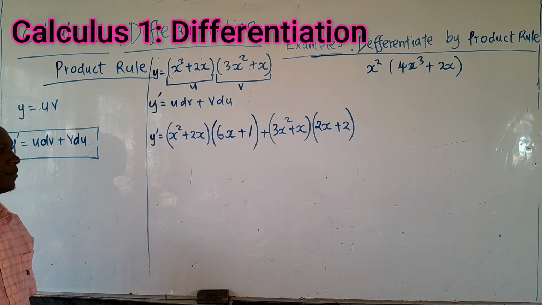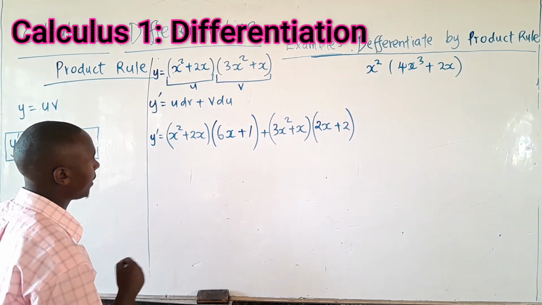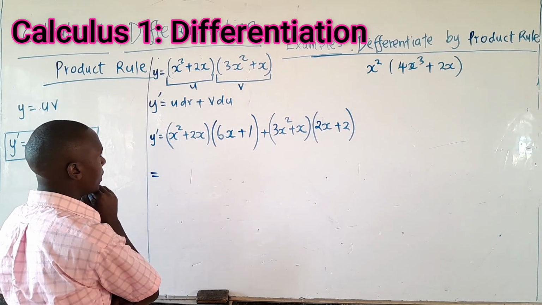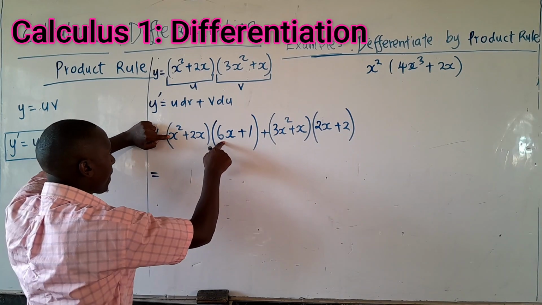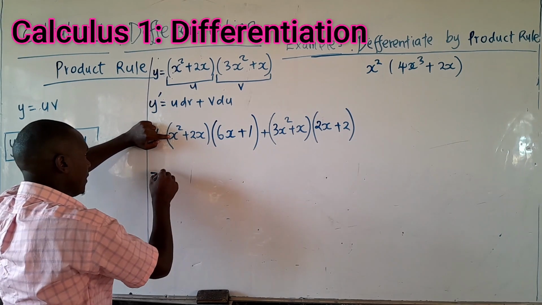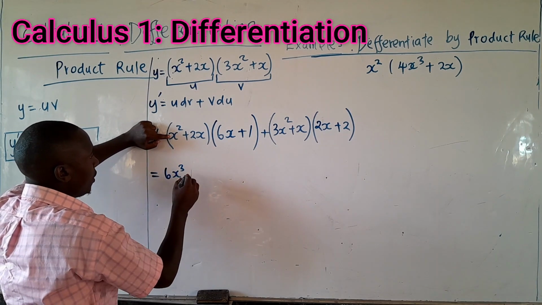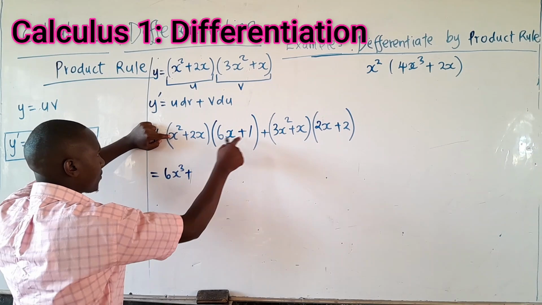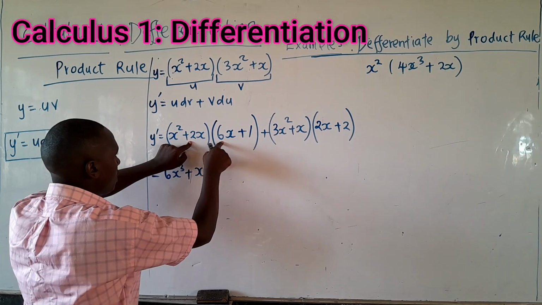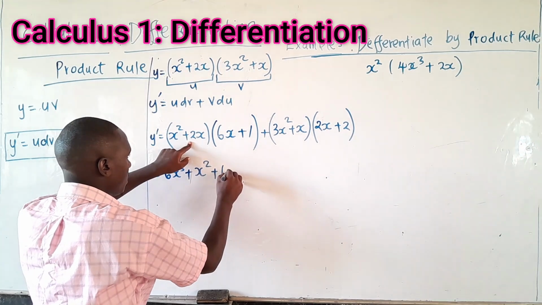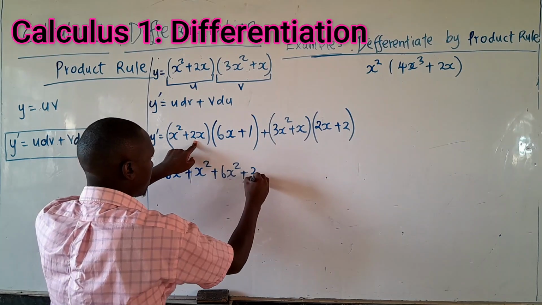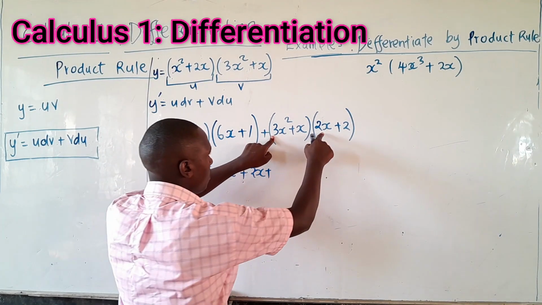It is good if we can simplify further. So that's going to be equal to, now we can have this as 6x multiplied by x is 6x cubed, then plus x squared plus 2 multiplied by 6 is 6x squared plus 2 multiplied by 1 is 2x, plus, and we can also simplify this.